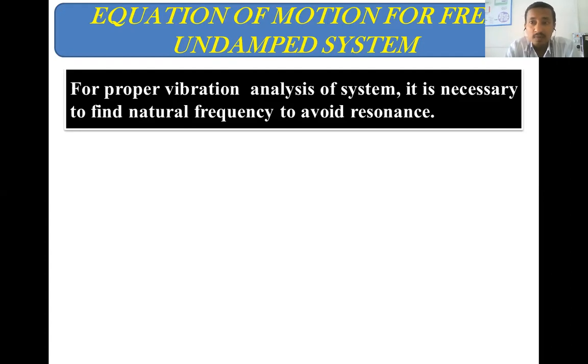Why? Resonance means क्या होता है? At that particular frequency the system will vibrate at very high amplitude. मतलब सबसे ज्यादा वो एम्पलीट्यूड से वो वाइब्रेट होता है. तो सबसे ज्यादा वाइब्रेट होने से क्या होता है? जो पार्ट्स होता है, जो कंपोनेंट्स होता है, जो भी मशीन का, जो भी सिस्टम का, फेल होने का चांसेस ज्यादा होता है. So there will be more chances that the system is going to fail.